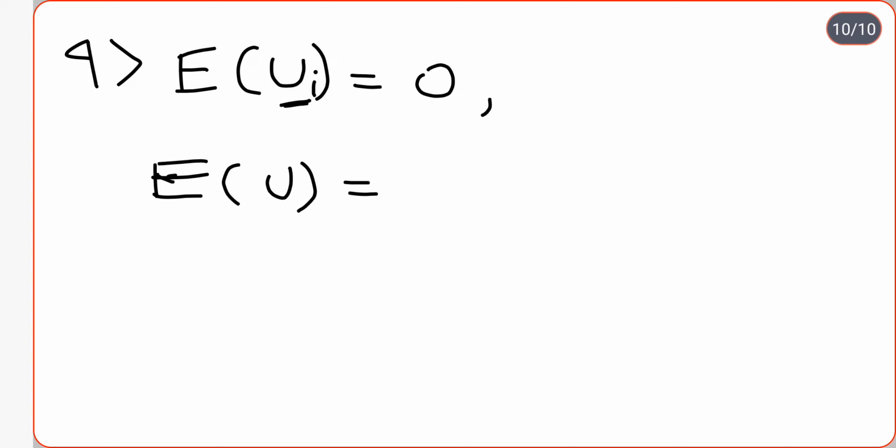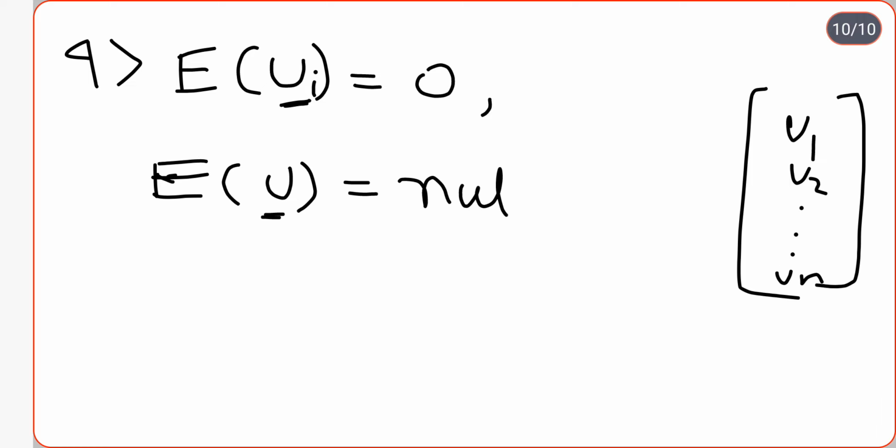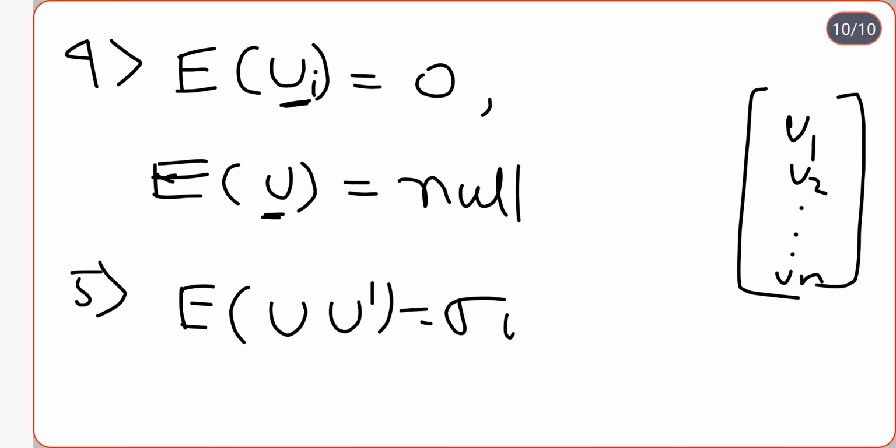And if we go to the fifth assumption, our fifth assumption tells us that expectation of u u dash is basically sigma u square I. This is also the spherical property of the k variable model. If this was not supposed to be sigma u square I, then we may have headed to the non-spherical model.